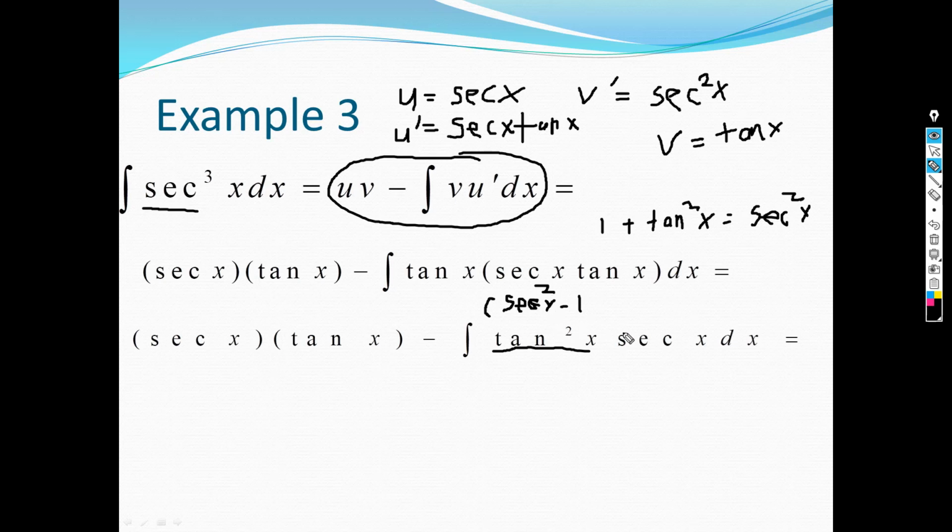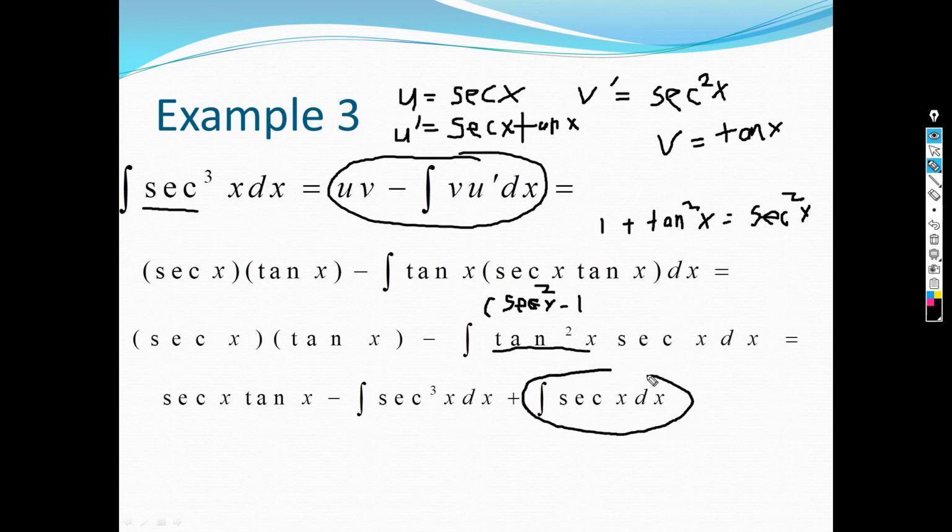Okay, so in other words, this will become this. Just breaking it up into two integrals here, so the minus secant cubed is right here, and then minus there will make this the integral of secant x dx. Now this integral right here was already derived, or is the formula for this one right here.